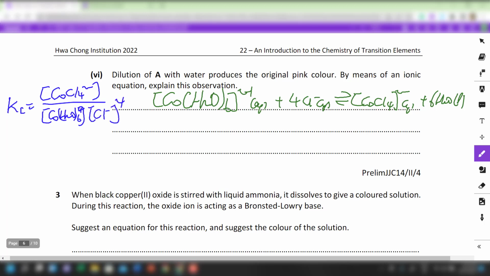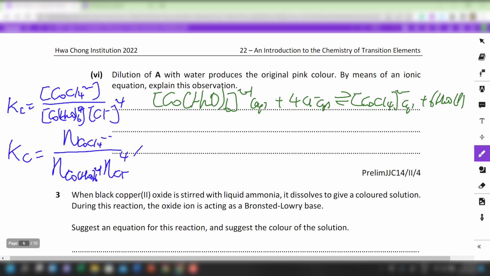If we are going to take out the volume term, what we're going to end up with is the number of moles of CoCl4 2 minus divided by the number of moles of Co(H2O)6 2 plus, and the number of moles of Cl minus to the power of 4.